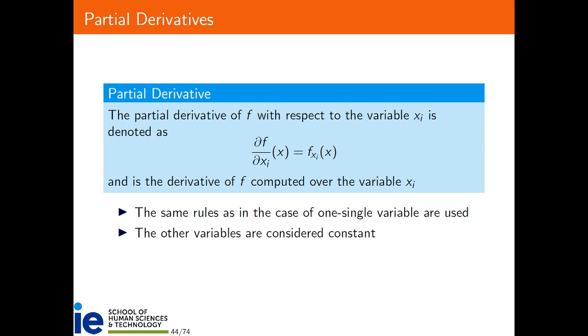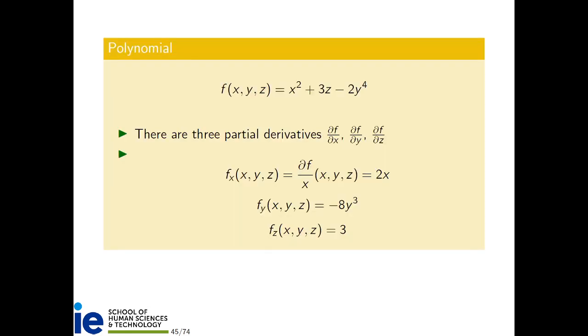In this case, the derivative is called a partial derivative because I take it with respect to a specific variable. It's the derivative of the function f computed over the variable I'm interested in, and the same exact rules follow as in the single variable case. The other variables are considered constant. The simplest way to illustrate this is through an example.